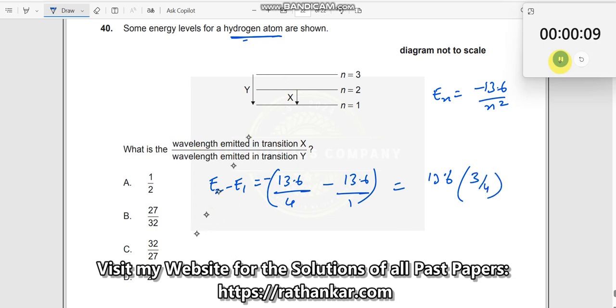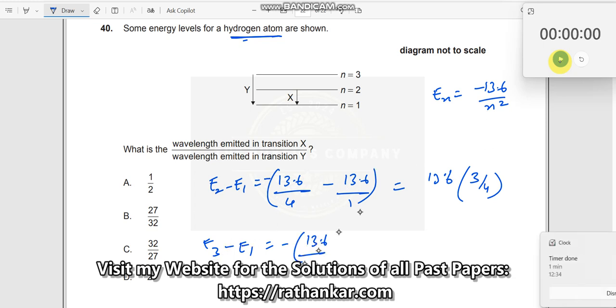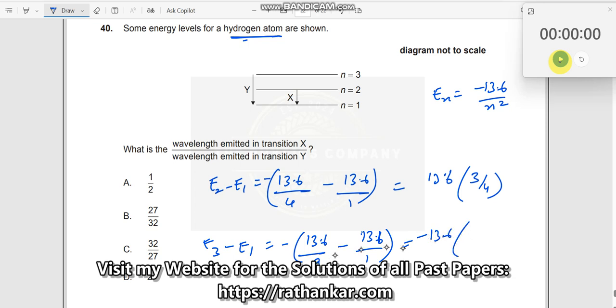Then similarly, in the second one, what will happen? It will be E3 minus E1, right? E3 minus E1 should now be equal to minus of 13.6 divided by 3 square, which is 9, minus 1, which is 13.6 into 1 minus 1 by 9.